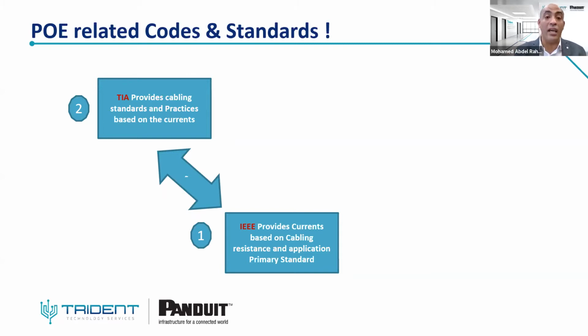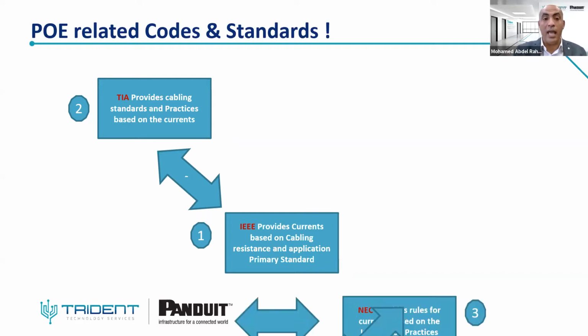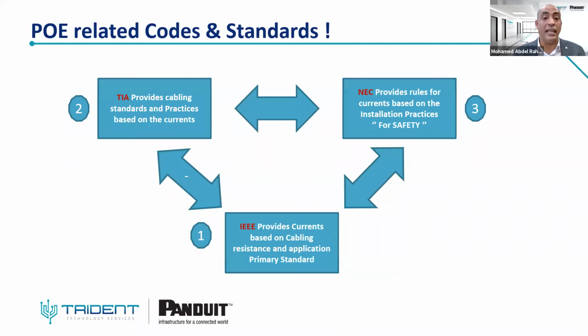So we need to have a guide for the bundling of the cable, how many cables can be bundled together. And finally, the NEC, the National Electric Code, part of NFPA, which defines the bundling restrictions and the power limited circuit. It is mainly for safety. It is an optional recommendation you can use.